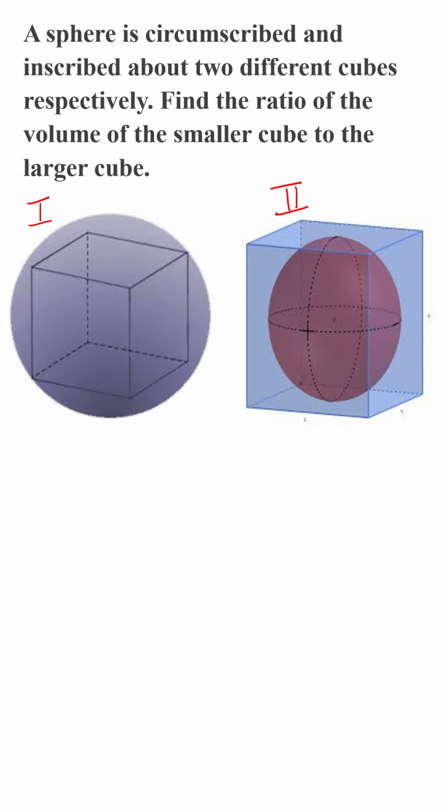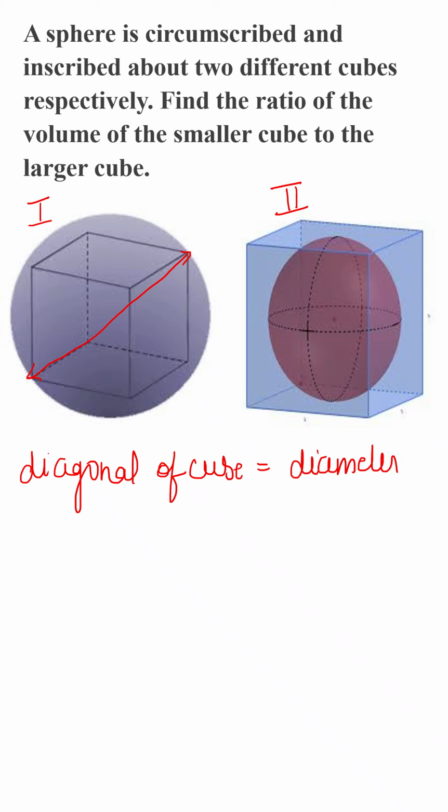Figure 1, if you observe carefully, the diagonal of this cube is the diameter of the sphere. So the diagonal of the cube is equal to the diameter of the sphere. So what is the diagonal of a cube?